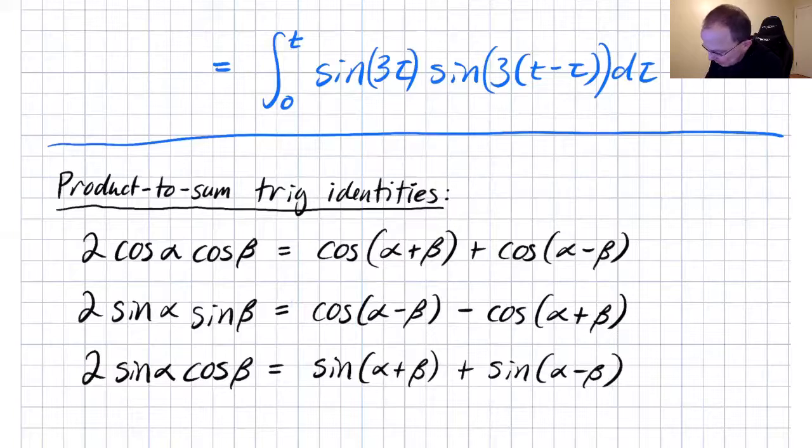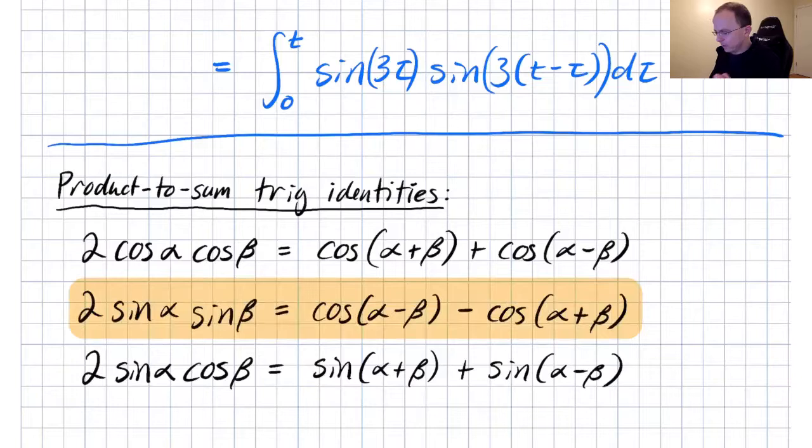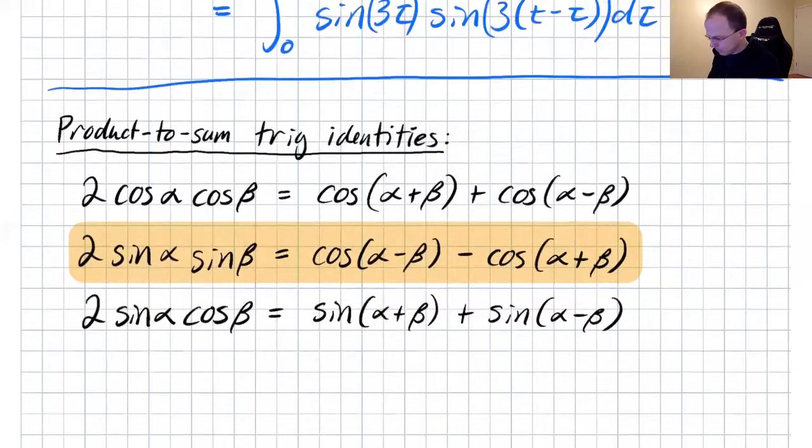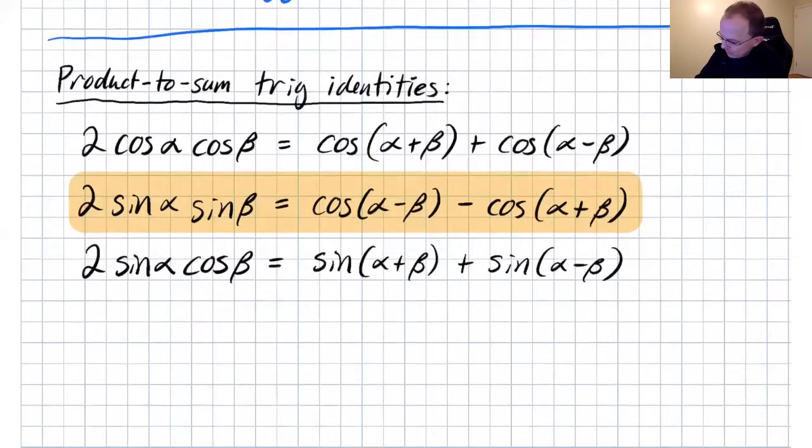So that means that we're interested in using this one right here. Okay, so there's the product to sum trig identity that we would like to use. Of course, you can definitely just look this up if you need it.